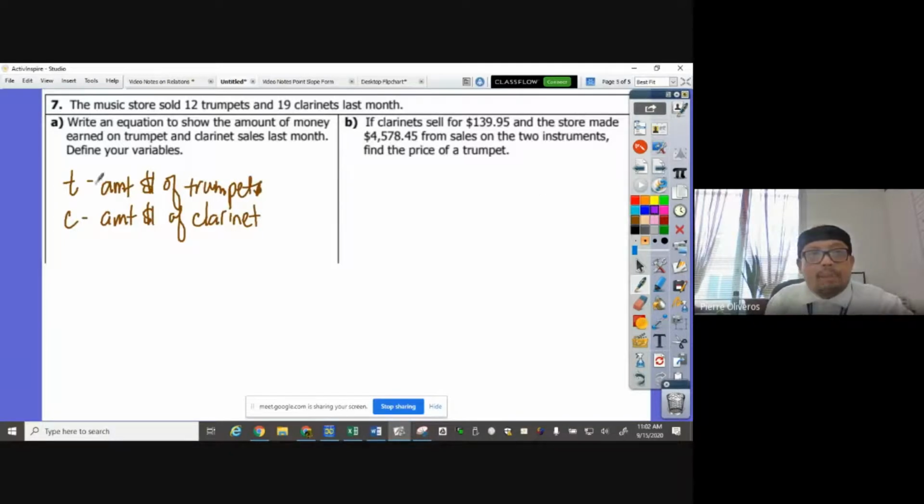All right. So write an equation to show the amount of money. We know that the music store sold 12 trumpets. Do you know the price of a trumpet? You don't know. So let's say 12T. Because if the price of every piece of that instrument is, let's say, $5, you multiply the price by the quantity sold, and that tells you how much it sells.